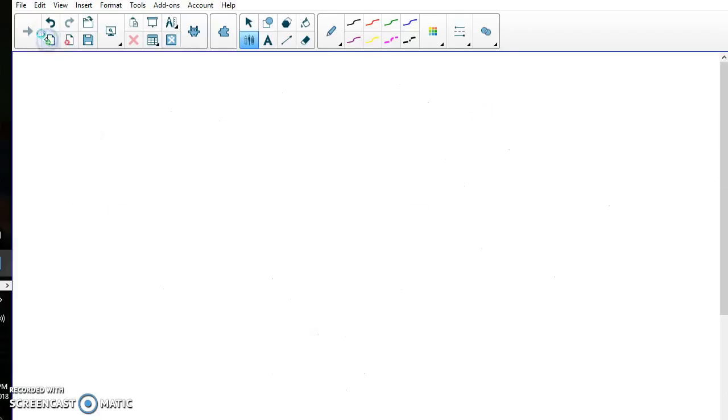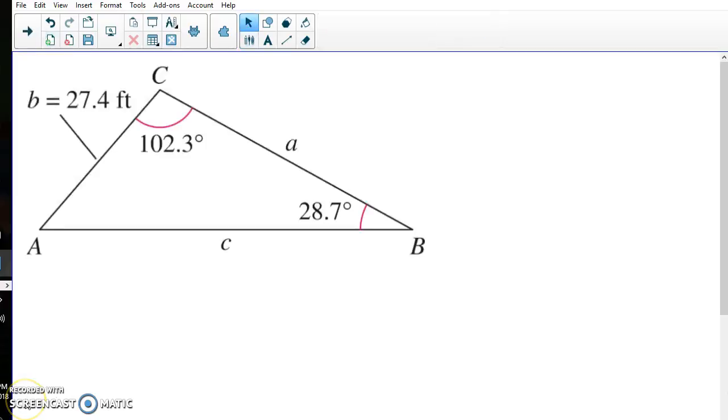It says given two angles and one side. This is the exact triangle out of your book. If you guys have your books, page 405. It says for this triangle in figure 6.3, the angle C, obtuse of course, is 102.3 degrees. The angle B is 28.7 and the side b is 27.4.